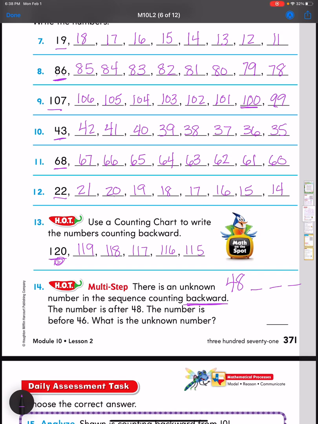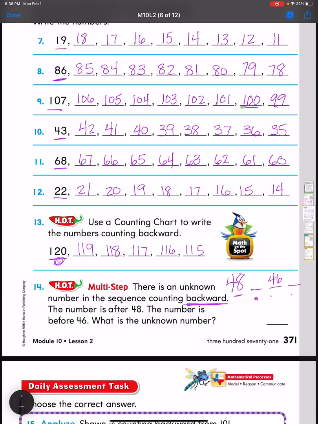So I'm going to think as I'm filling in these missing numbers that I'm decreasing. So the number is after 48 and the number is before 46. What is the unknown number? So I have 48 and then I have an unknown number and then I have 46. I need to know the number between 48 and 46.